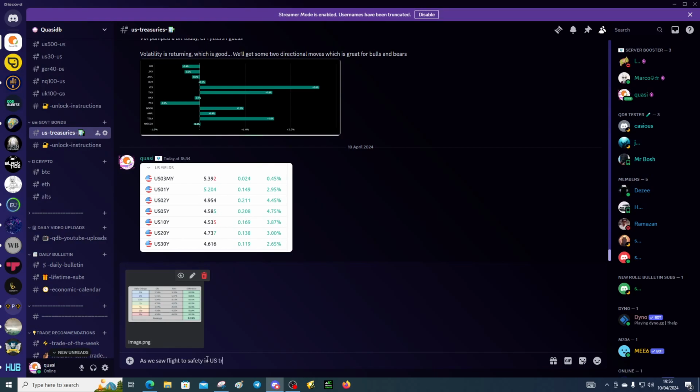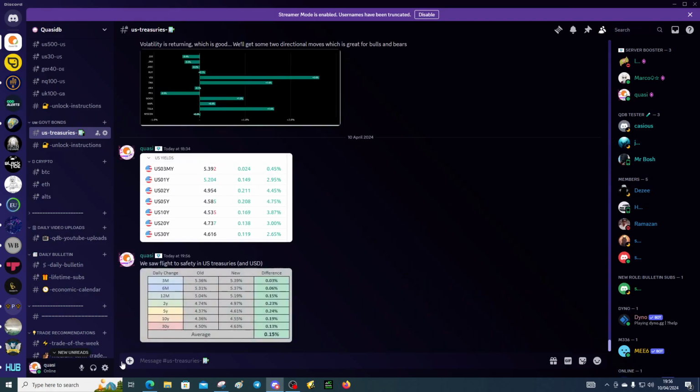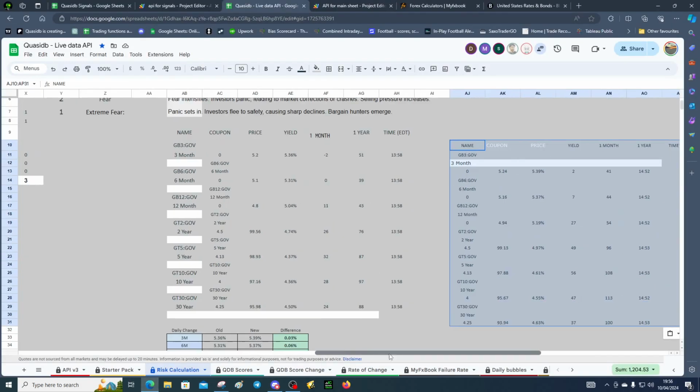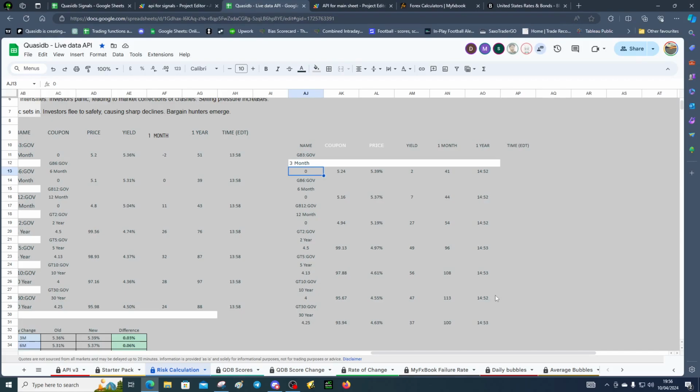US Treasuries and USD. And we've got ECB tomorrow as well. So then what we do is come across, and we're going to copy that across.